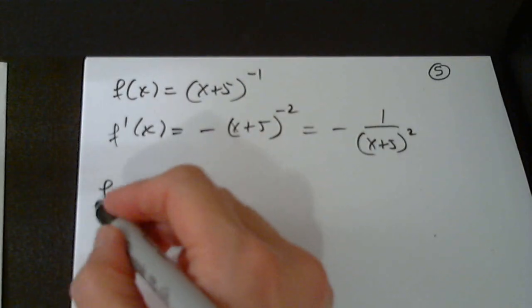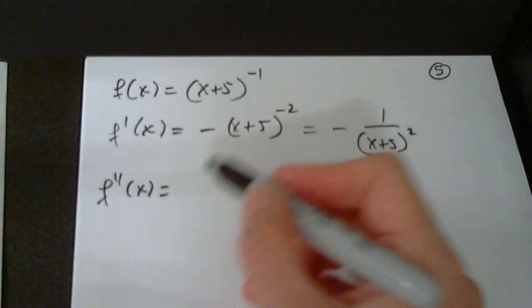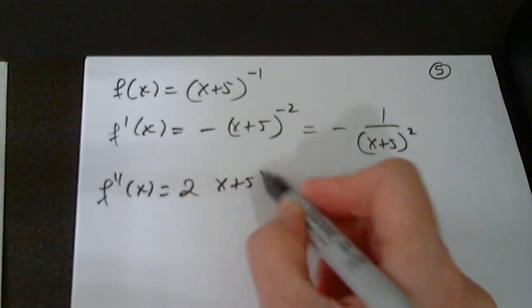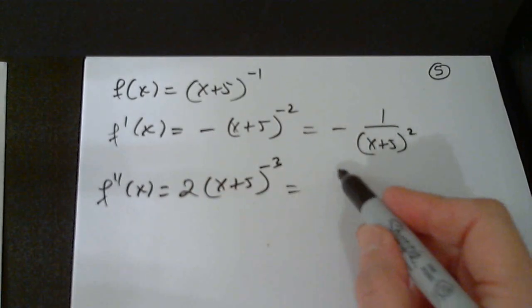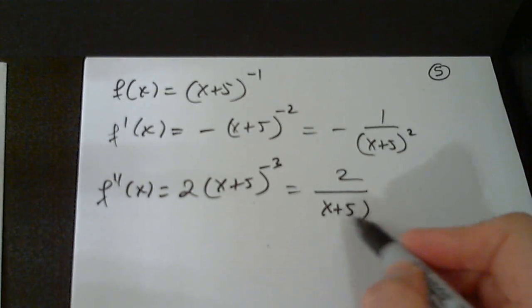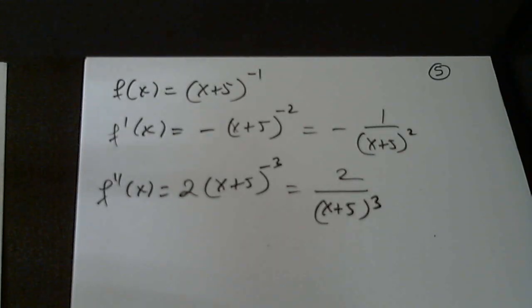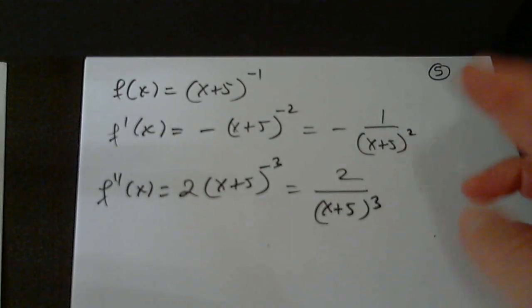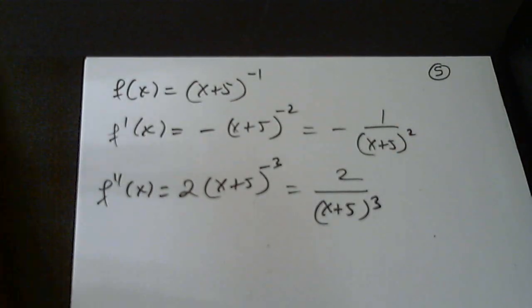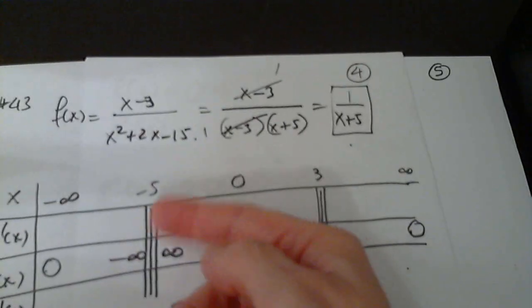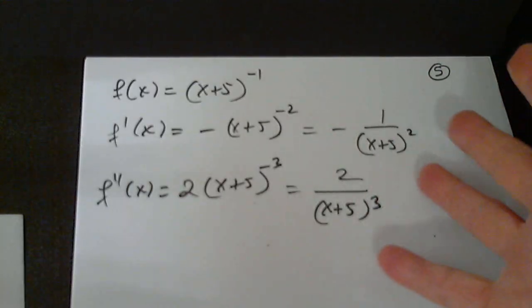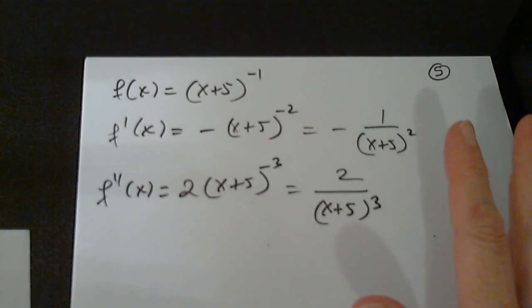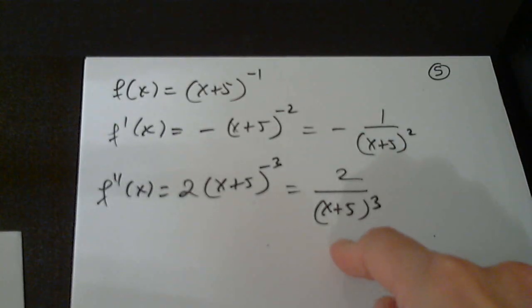And then the second derivative will be 2(x plus 5) to the negative 3, or 2 over (x plus 5) cubed. None of them are undefined. They're undefined at negative 5, but so is the function, nothing. They can never be 0, so no critical numbers, no inflection point.